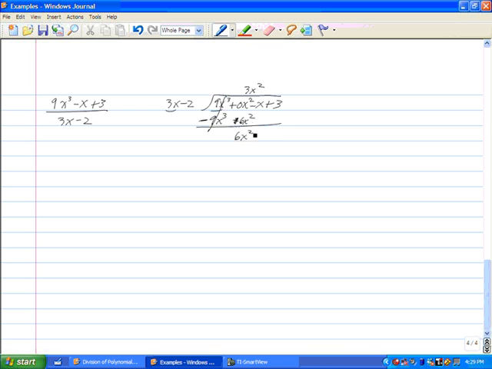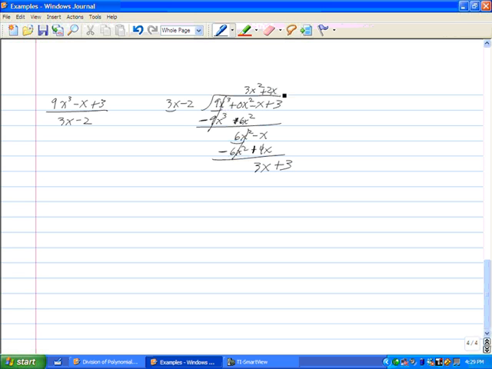And again, drop down the next term only. 3x times what gives you 6x squared? Well, a 2x will do it. 6x squared. 2x times 2 is a minus 4x. Again, change the signs. Add. You get a 3x.